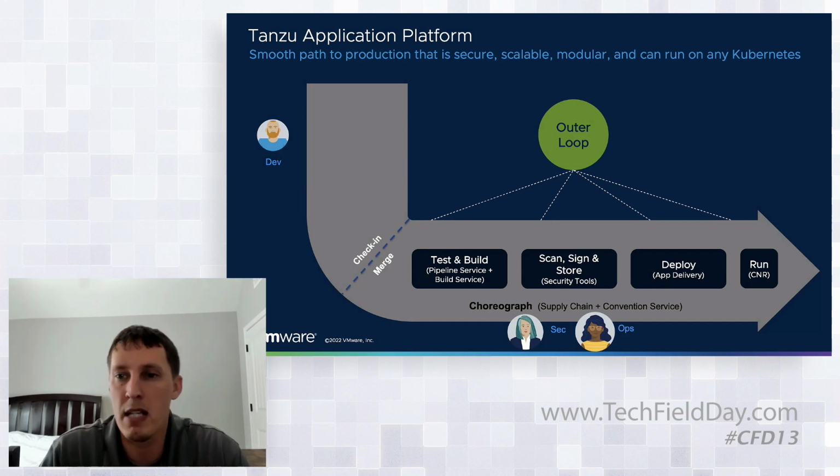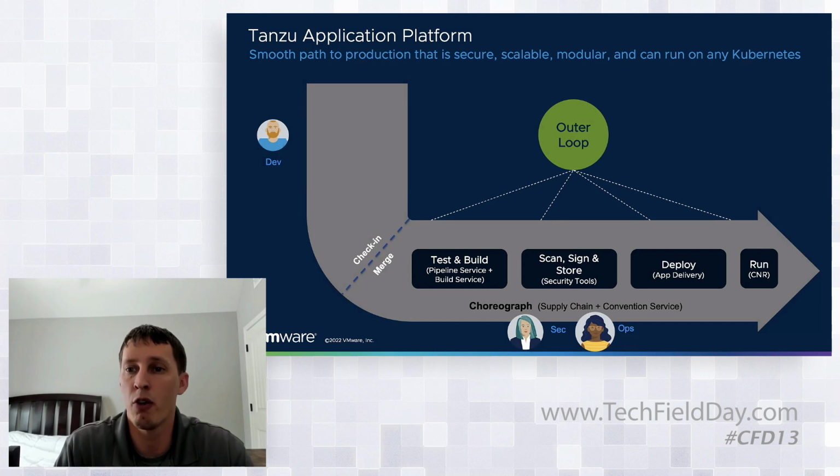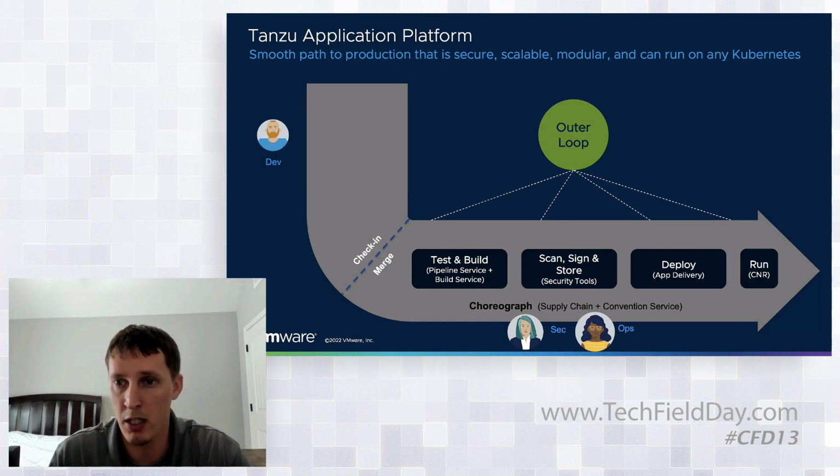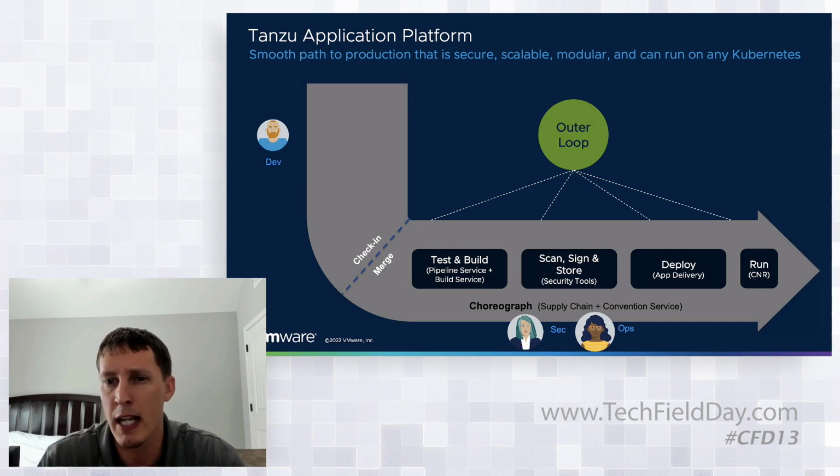So in the outer loop example here, we have things such as testing your code, so making sure that unit tests and integration tests are run, and then actually building the container. So building the container, signing it if your organization requires all container images to be signed, scanning it for any vulnerabilities, so making sure that you're shifting that left and that no vulnerabilities are exposed as they're being deployed into production. And then finally, obviously, deploying the application and running the application.